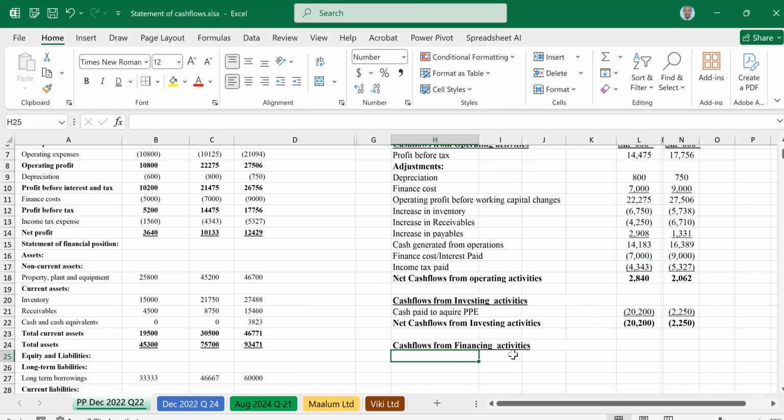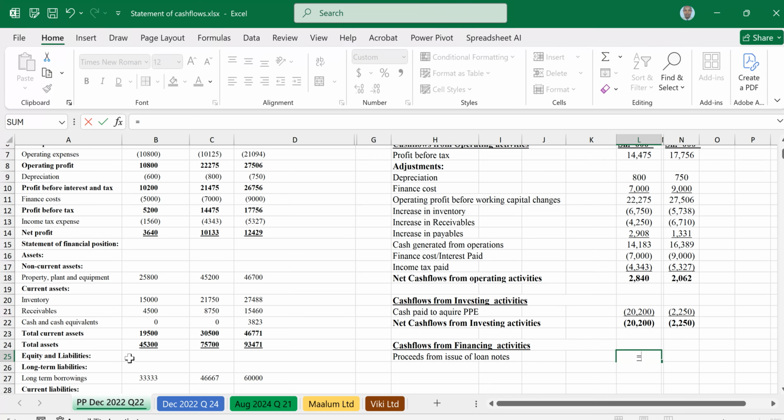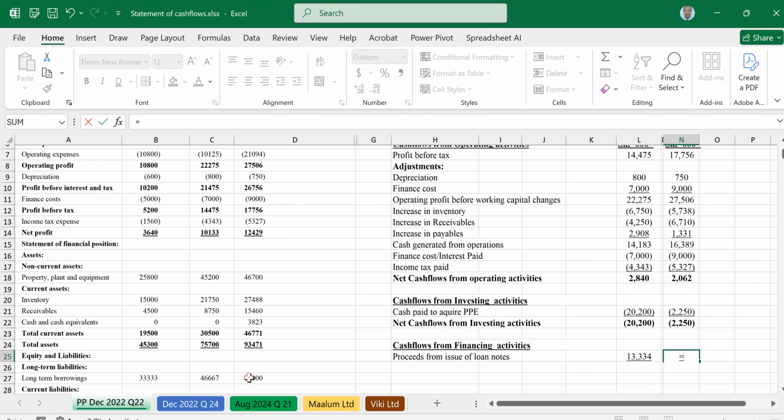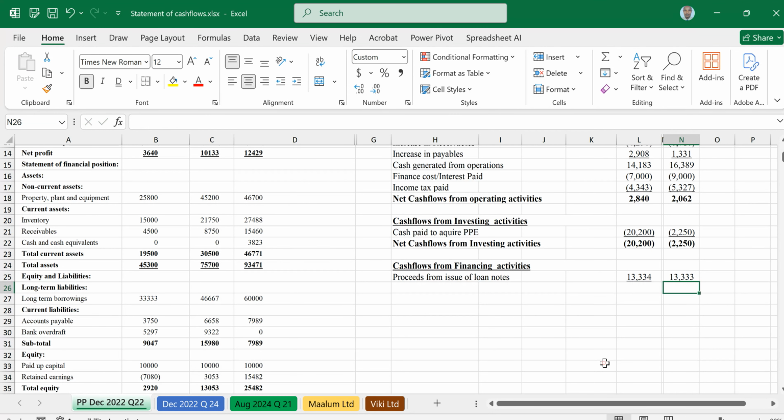So if it's increasing, that will be proceeds from the issue of loan notes, and that will simply be an inflow because the loan is increasing. For 667 minus 333, the other one will be 60,000 minus 46,667. That's an inflow. Proceeds from the issue of loan notes.